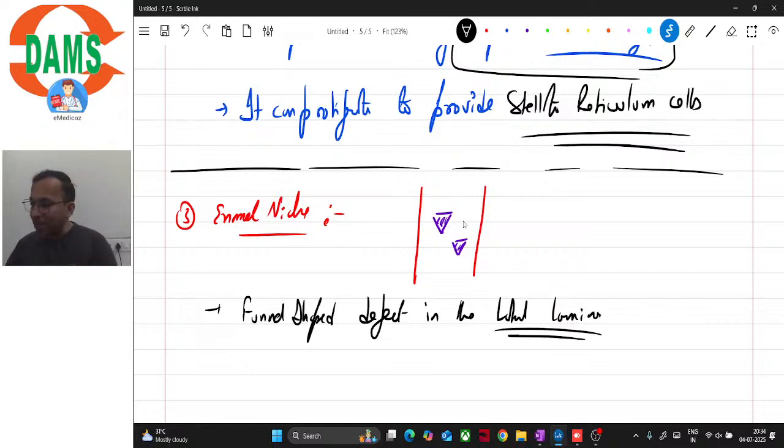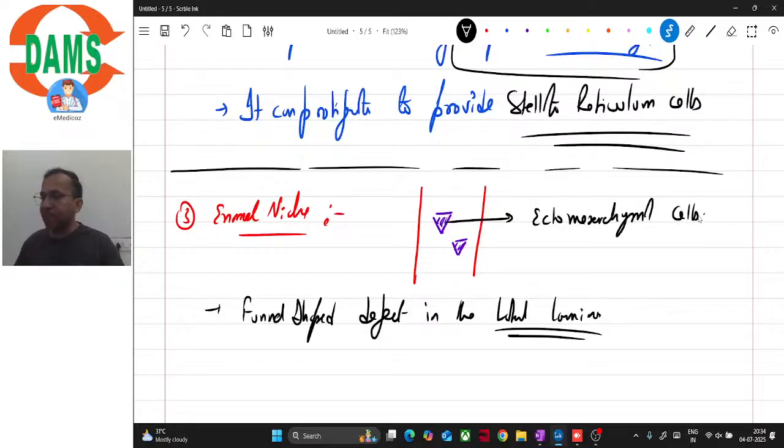So what will these enamel niches contain? They will contain the ectomesenchymal cells.